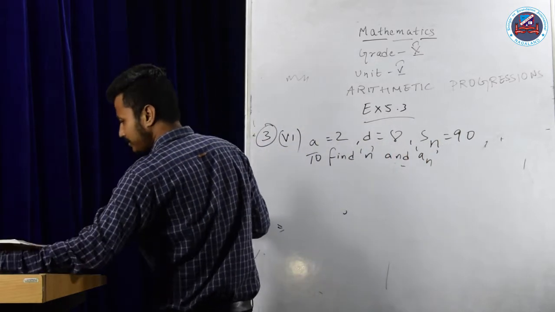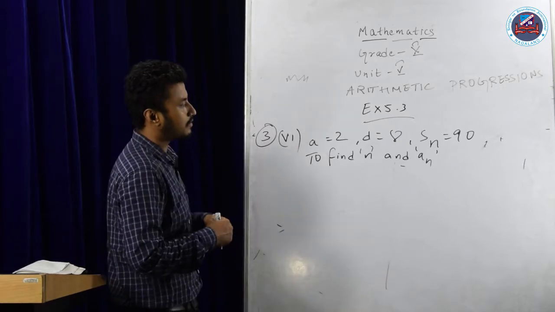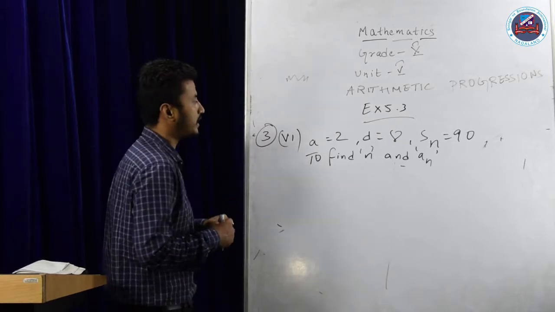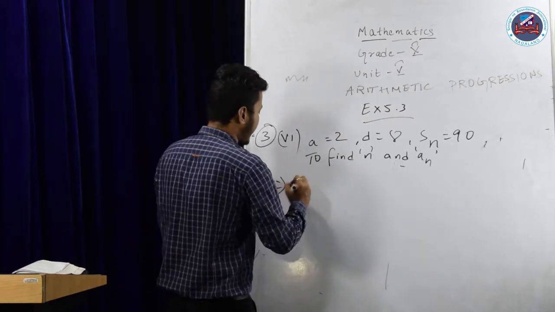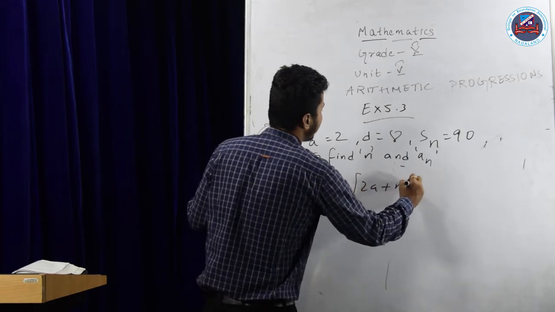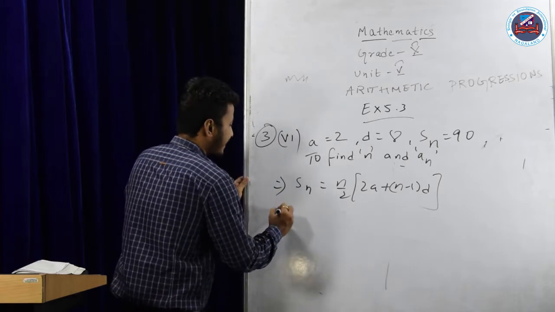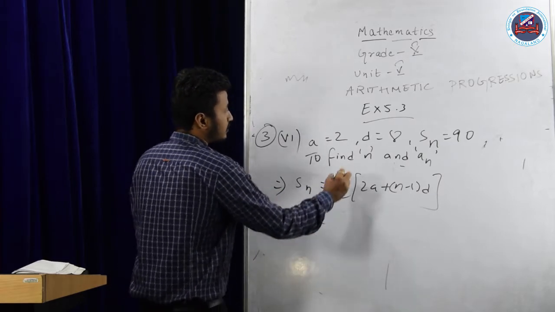Is it tough, guys? No. It's not tough. You can say that this question might go a bit lengthy, but it's not tough. Okay? Let me put all the data first. Sn equals to, we know that, n by 2, 2a plus n minus 1 into d. Got it? Sn value is 90 equals to n by 2.